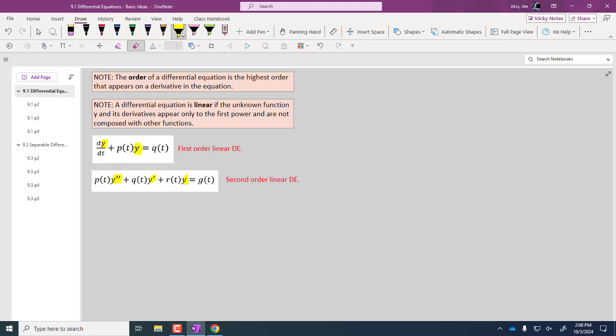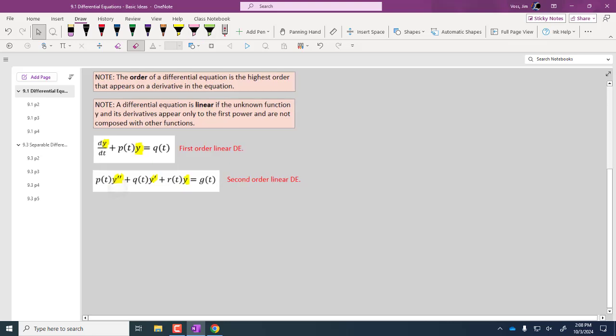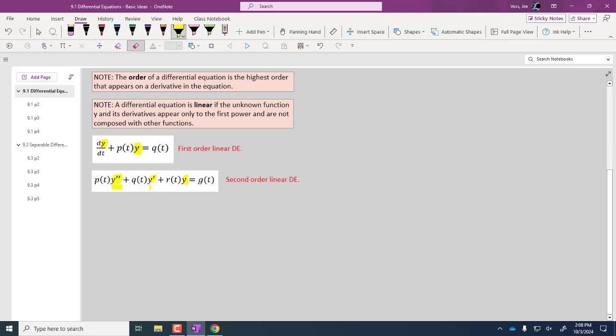It's linear because there's no commingling of the dependent variable. Right? The dependent variable and its derivatives are all raised to the first power. So we don't have a y times y prime. We don't have a square root of y. We don't have y double prime squared. No weirdness. So it's linear because of that. It's second order because the highest derivative is the second derivative.